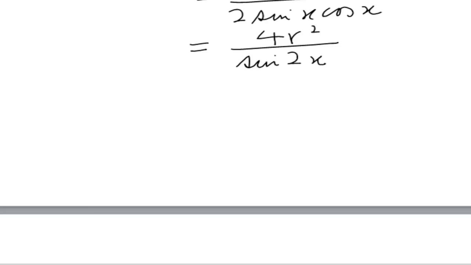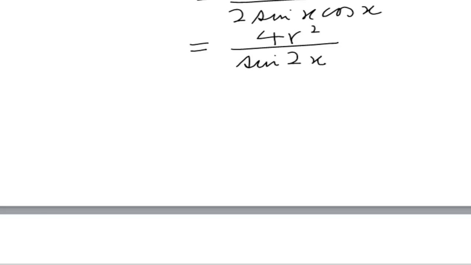Now you may remember that as the x values change, and assuming the r remains constant, if x is a smaller value, let's say x is 15 degrees, 2 times 15 is 30, that will be 8r squared.